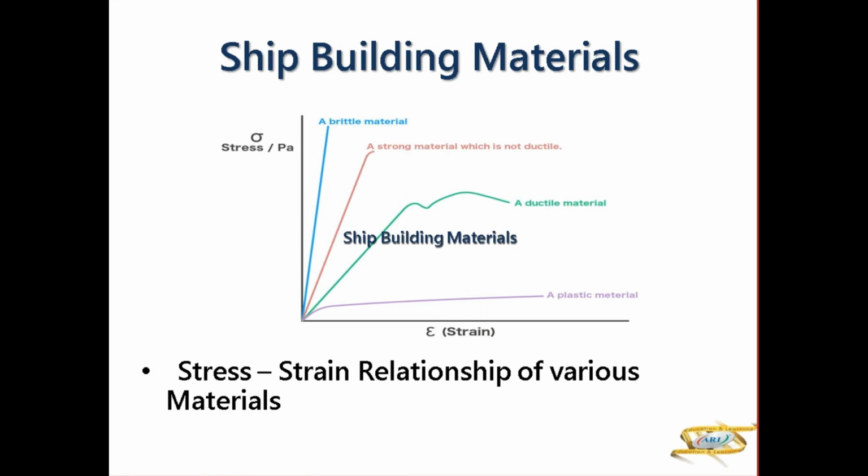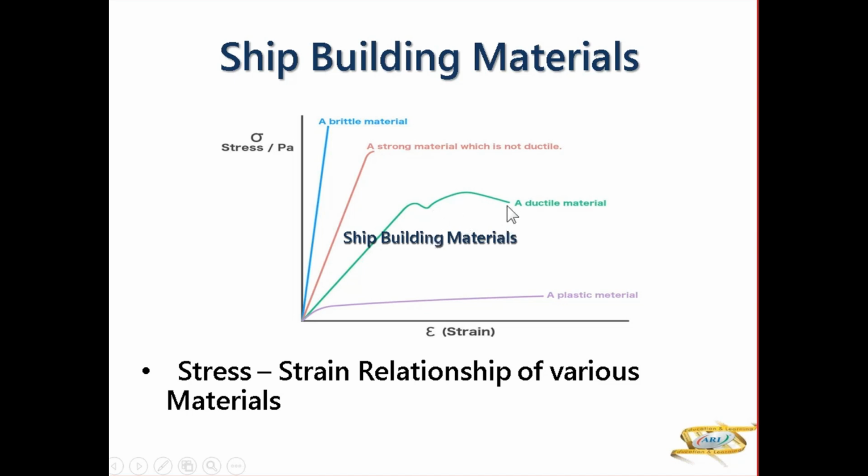Now if you compare your various materials, on comparison you can make these diagrams. Here you have a brittle material with a very high gradient. Slope is very high. It's going to break at maybe the limit of proportionality also. Here is a strong material which is not ductile, it is breaking at the elastic limit.